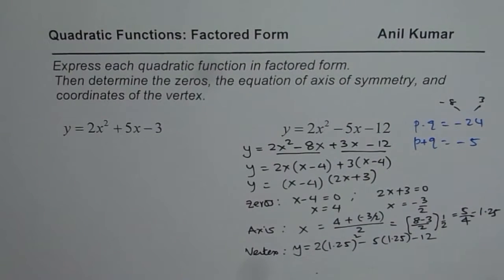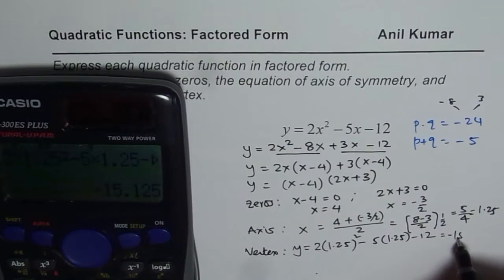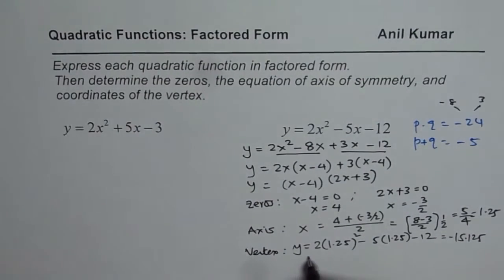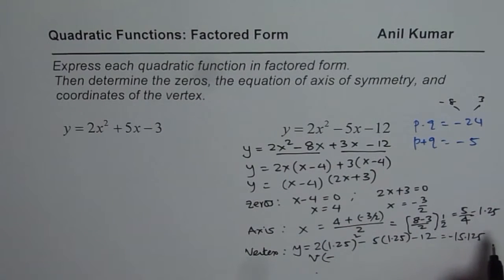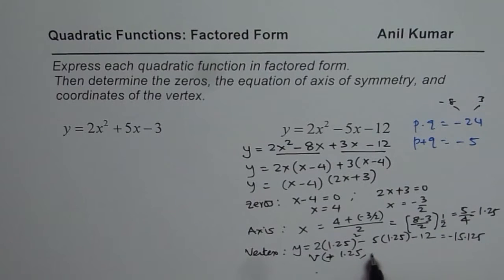Let's calculate this answer, and it equals minus 15.125. So we get the vertex: the x value is 1.25 and the y value is minus 15.125, correct?